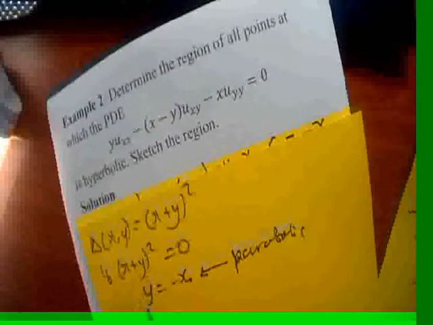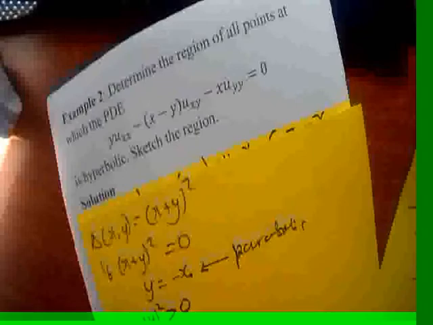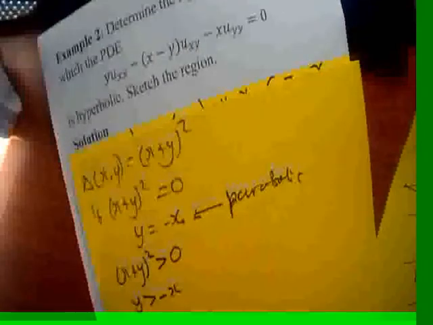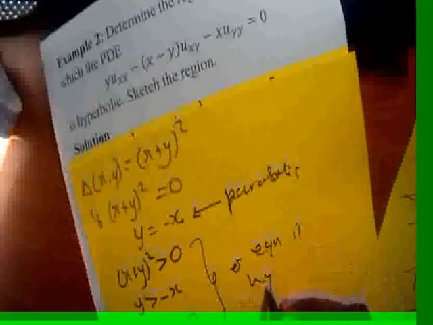Now we realize that if it is greater than 0, it's hyperbolic. So if x plus y all squared is greater than 0, you're going to have y greater than negative x. If it is less than 0, we're going to have y less than negative x. In both cases, the equation is hyperbolic.